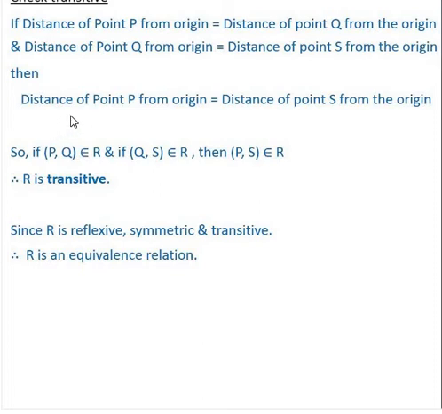In words, the distance of point P from the origin equals the distance of point S from the origin. And therefore, if (P, Q) belongs to R and (Q, S) belongs to R, we can say that (P, S) belongs to R. R is transitive. So since R is reflexive, symmetric and transitive, we can say that R is an equivalence relation.